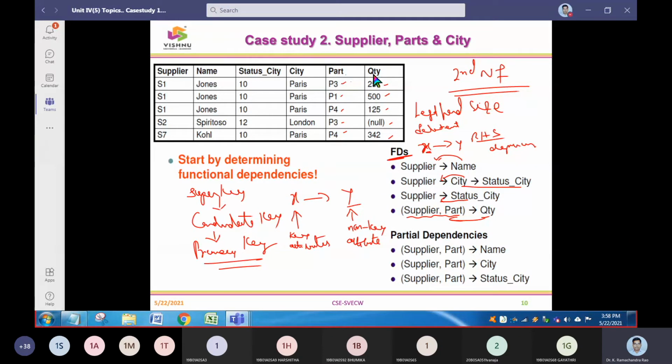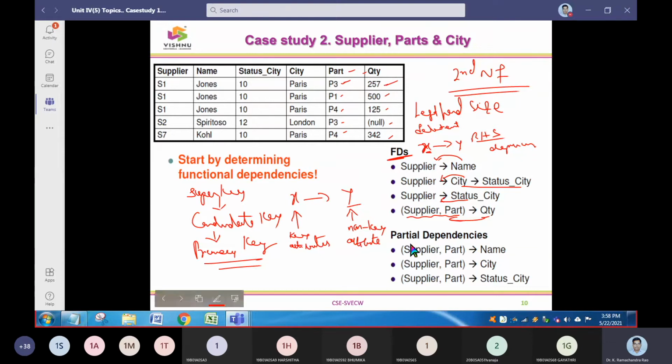So part and quantity will be related. You purchase soaps, they will ask how many soaps you purchased. You purchase books, how many books, 1 book, 2 books, 3 books. So product name, alias part, and how much you purchased: these two are a related component.